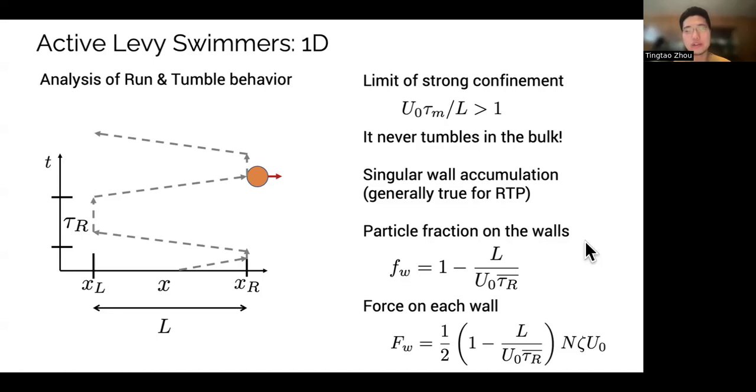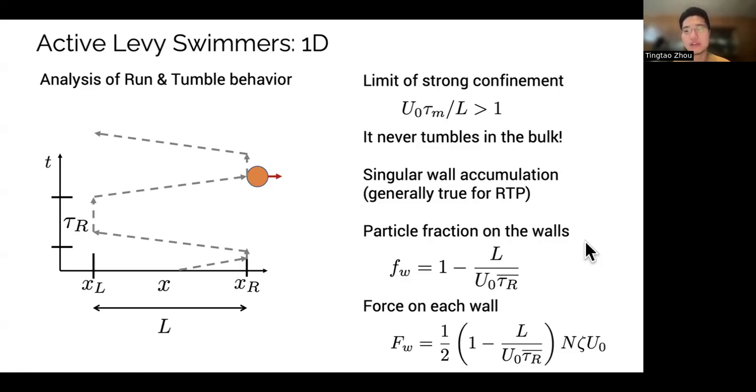So if we consider the probability density of these bacteria, we will have basically two delta functions at the endpoints, and in the middle, things are just smooth, flat. The only interesting quantity here would be the fraction of the particles that accumulate at the endpoints, or on the walls, and that's very easy to estimate.